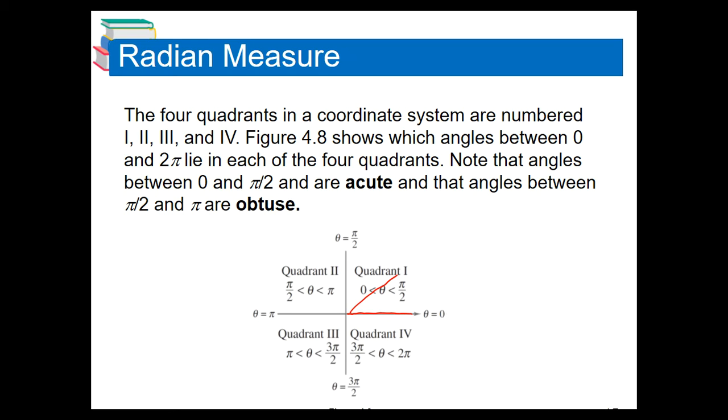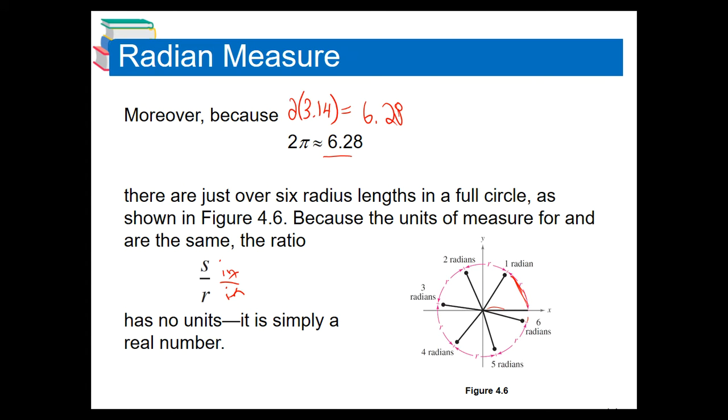Now, we said going all the way around the circle is 2 pi, because if you go back to the previous, the radius of that circle, if the radius is, well, we'll call it 1, 2 times 1 times pi gives us the circumference of that.